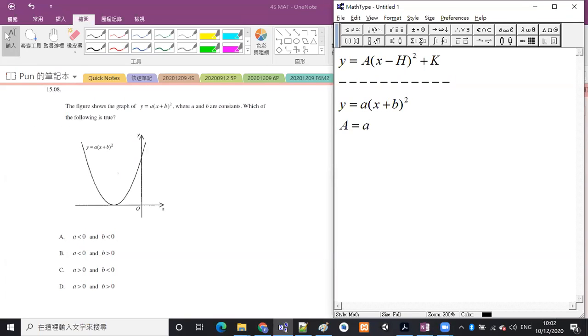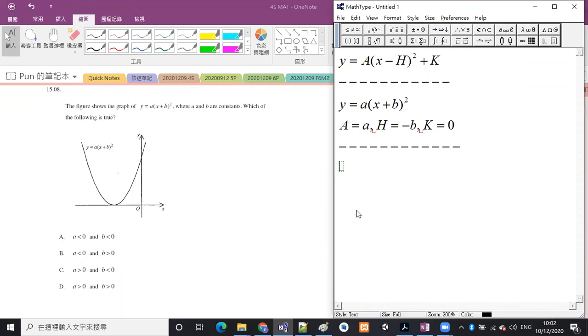So the formula a is small letter a, and then formula h should be negative b. Be careful here, it is negative b. And then the formula k is equal to 0 this time. Can you get this? Okay, and then we will try to find out some information from the graph.